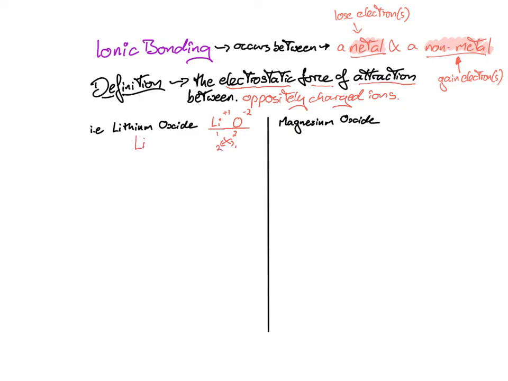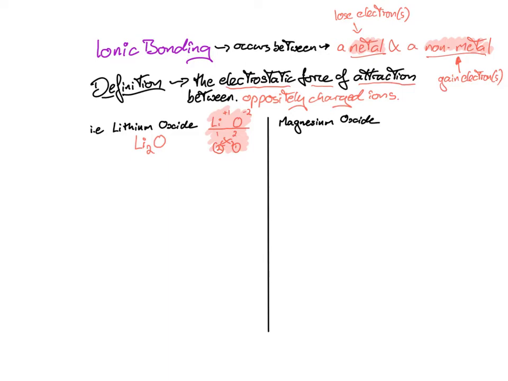Lithium oxide is going to be Li, how many Li's? 2. O, how many O's? Just the 1, so I don't draw it in. Always, always worth drawing out your crossover rules in full and properly. I always see people taking shortcuts. Do it properly, it will pay off in the long run.